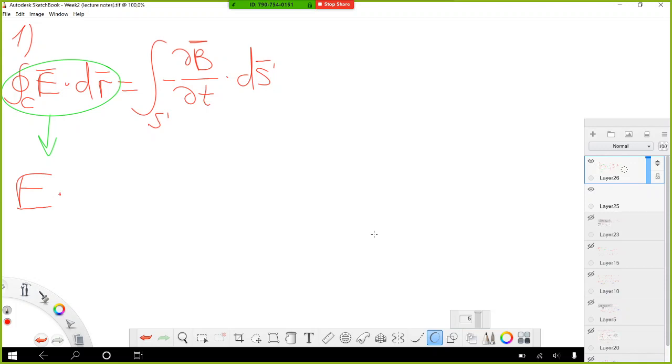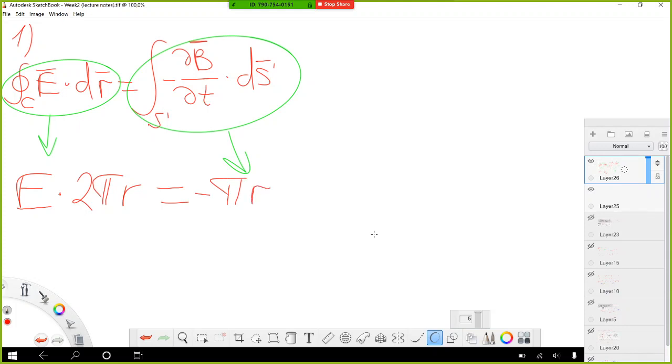Now I'm writing without vectors, just the values. Electric field multiplied by 2πr, and equals, if we compute this integral, will be equal to minus πr squared dB over dt.